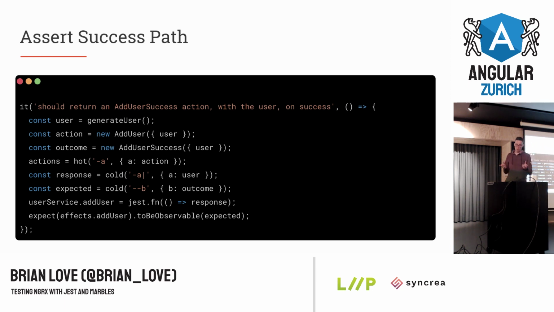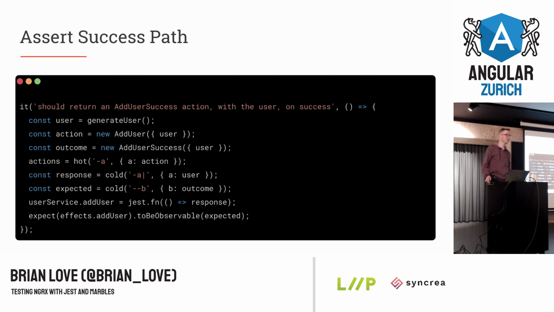And so it's kind of important to know some of these timing things, right? Because we're mocking time. So 10 frames goes by, an action is dispatched, 10 frames goes by, another action is dispatched, and then completion. And so what we need to do is actually have 2 dashes here. That's why there's 2, because after the 2 frames is when we actually expect that our add user success is dispatched.